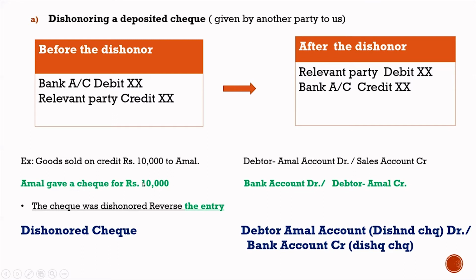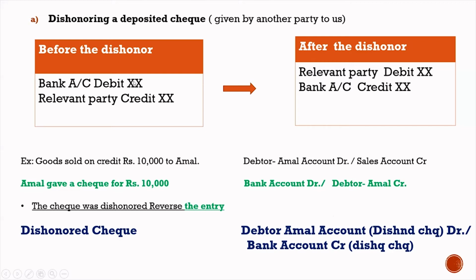So since we think that we are going to get money, we debit our bank account and we credit Amal's account. But if the check is dishonored, we have to reverse the entry. So then the credit entry of Amal in this green color has to be corrected. What we have to do is debit Amal, stating that there's a dishonor of check.